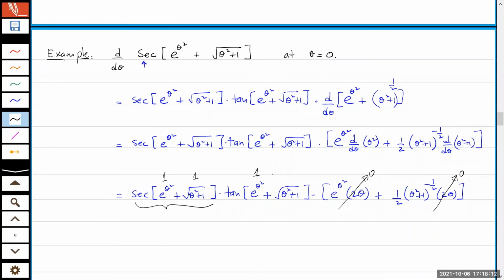This goes to 1 at theta equal to 0. This becomes 1 at theta equal to 0 as well. But this whole thing is definitely 0. Even if these are non-zero, secant of 2 and tangent of 2, this is going to take everything to 0 in the end. So my answer would be 0 in the end. So see, I don't have to simplify in this case. I don't have to apply any trig identities. When I put the numerical value of theta, I get a numerical answer.